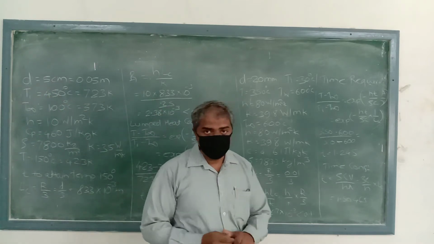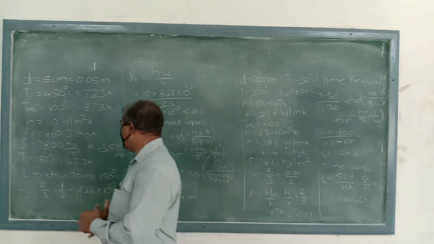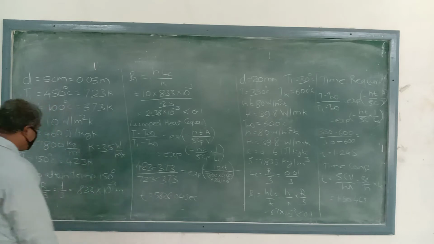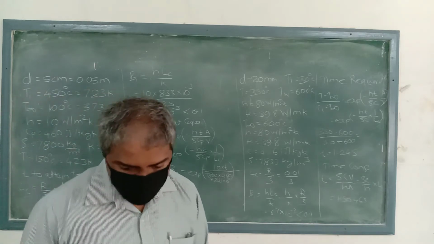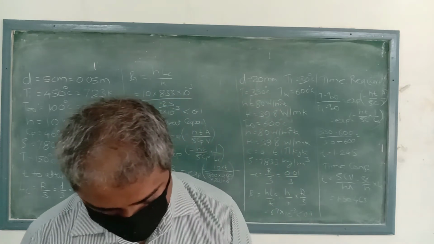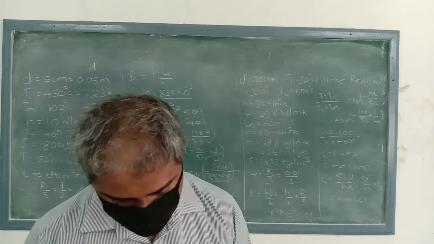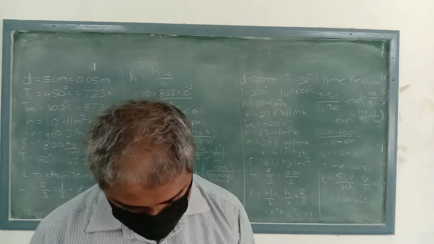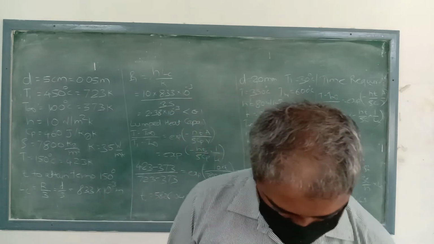Celsius. Now, while calculating this, first we have to calculate the characteristic length. As we are going to find the characteristic length, they are asking us to calculate the time required for the ball to attain the temperature of 150 degree Celsius.